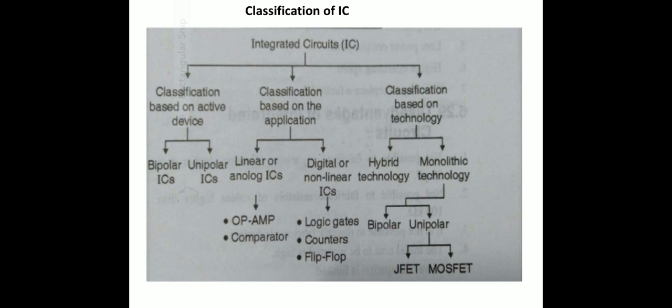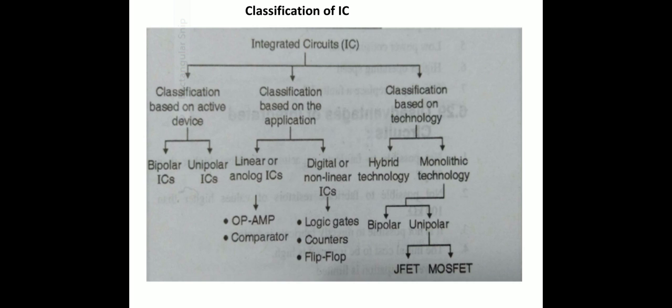The classification based on application is further classified as linear or analog IC. Examples of linear IC are op-amp and comparator. Digital IC or non-linear IC, examples are logic gates, counter and flip-flop. The classification based on technology is further classified as hybrid technology and monolithic technology.